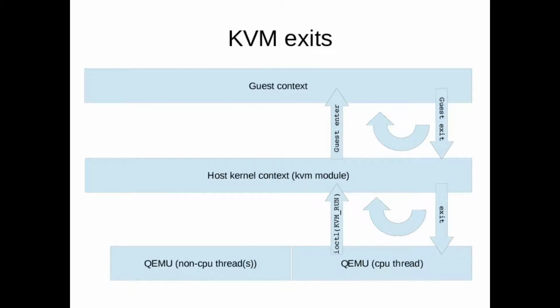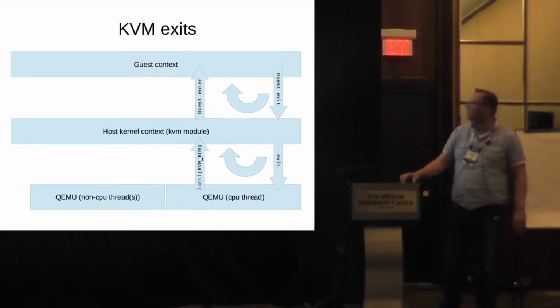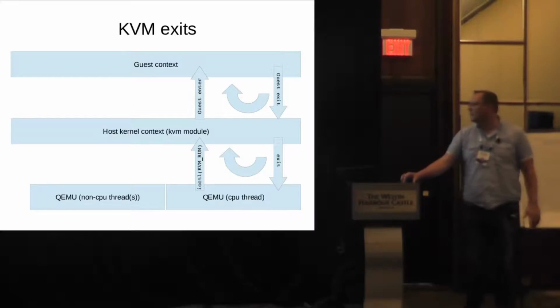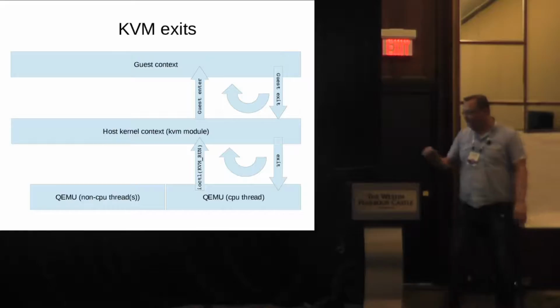When you look at the KVM exit, basically you are in guest context, and you have a guest exit. If KVM can handle that, it will just re-enter the guest, or handle requests and re-enter. If KVM cannot handle the request, it will exit to the QEMU thread, handle it there, go back to the KVM module, and then re-enter the guest.